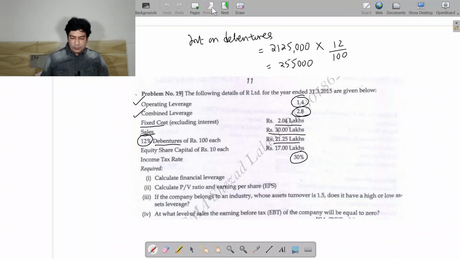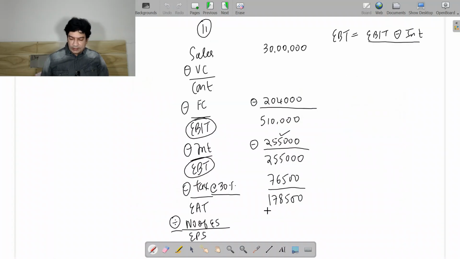I know the number of equity shares: 17 lakhs divided by 10 gives me 1,70,000 equity shares. So 1,78,500 divided by 1,70,000 shares, 1.05 will be my earning per share.